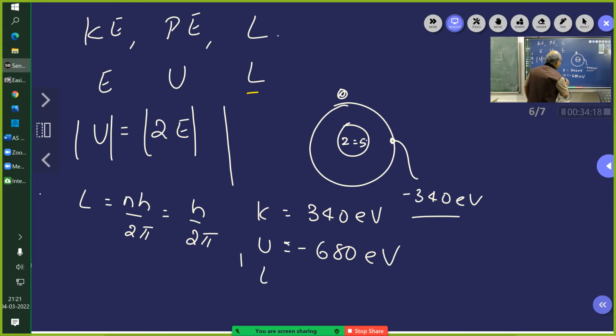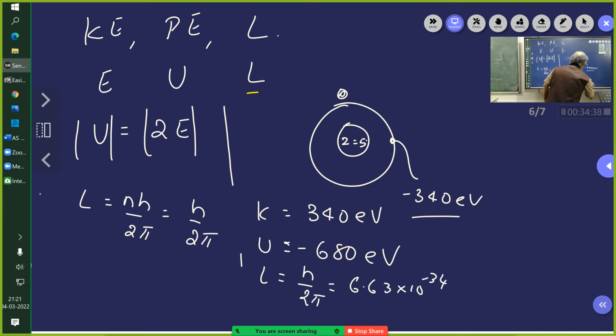Then the angular momentum L is equal to h by 2 pi. So substitute the value of h and 2 pi, then you will get the angular momentum: 6.63 into 10 to the power of minus 34 divided by 2 pi, that is 2 into 3.14.